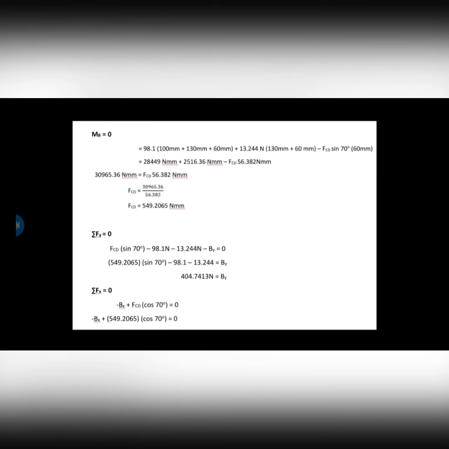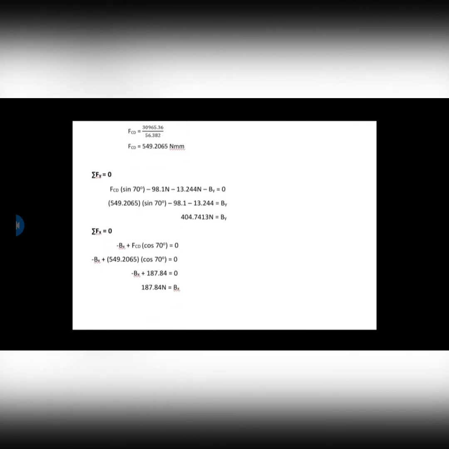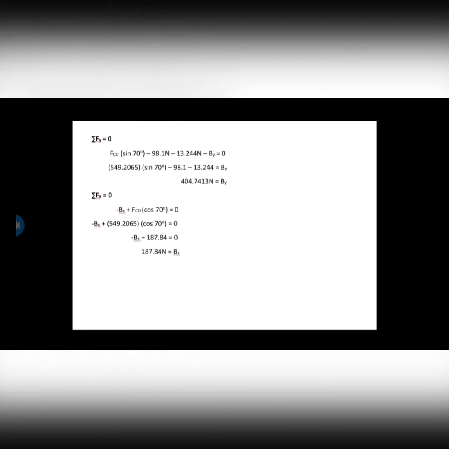To find By, I use total Fy equal to 0, so By I get 404.7413 Newton. For Bx, total Fx equal to 0, so I get 187.84 Newton.